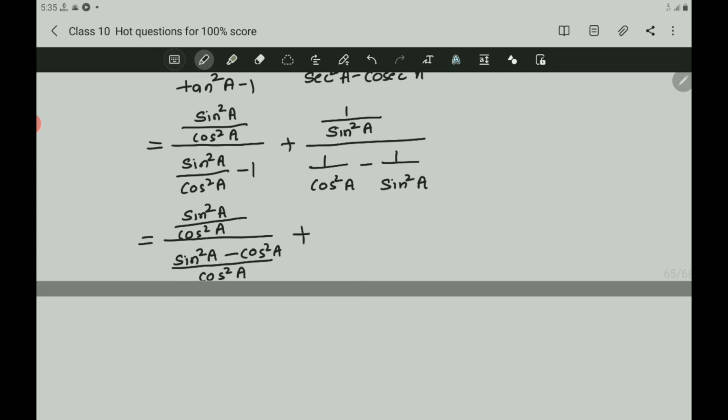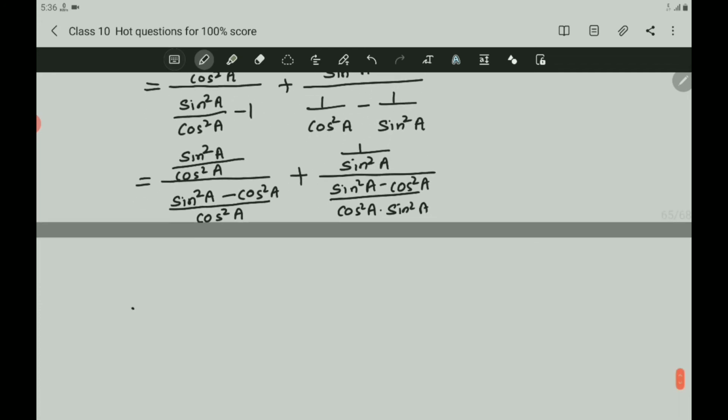Then you write plus. Here you write the numerator as it is, 1 by sin²A. And here you take the LCM, which is the product of cos²A and sin²A. So the numerator becomes 1 into sin²A minus 1 into cos²A.